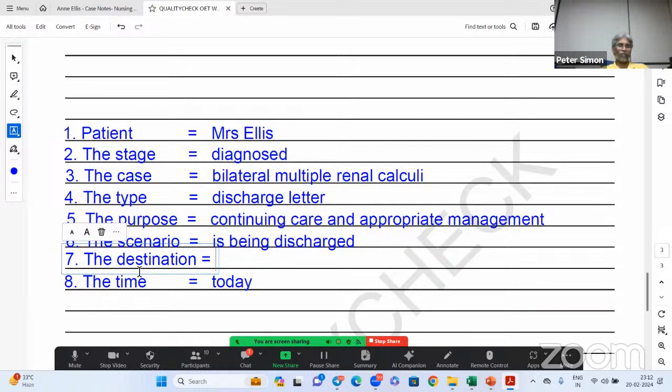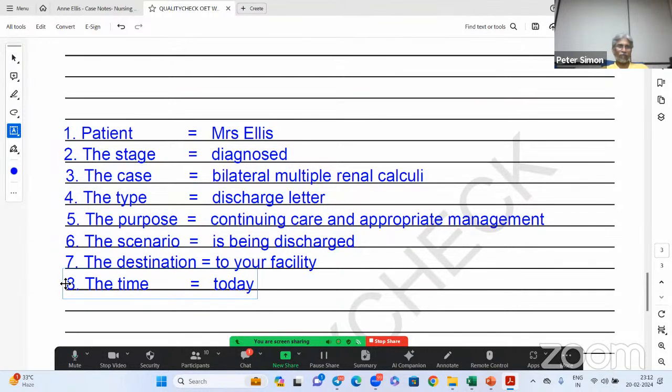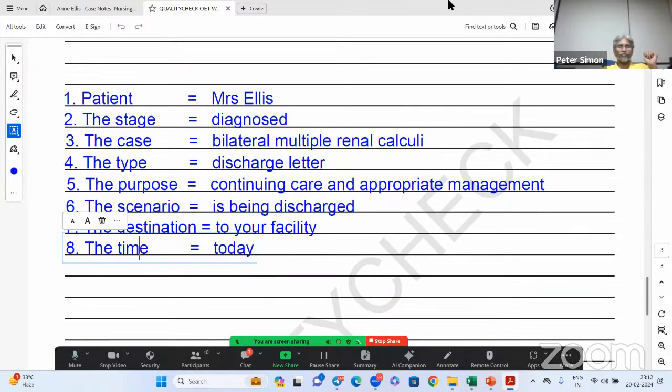He is being discharged to your facility, to your nursing home, to your facility today. I think everything is clear for you now.